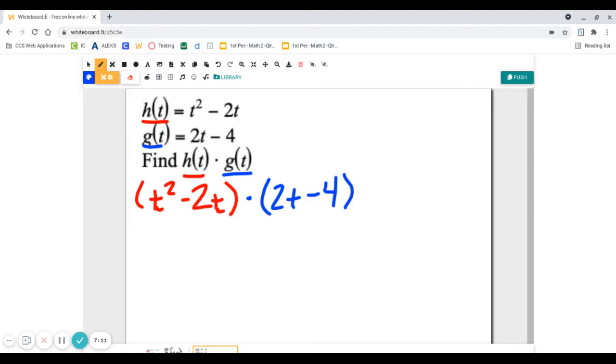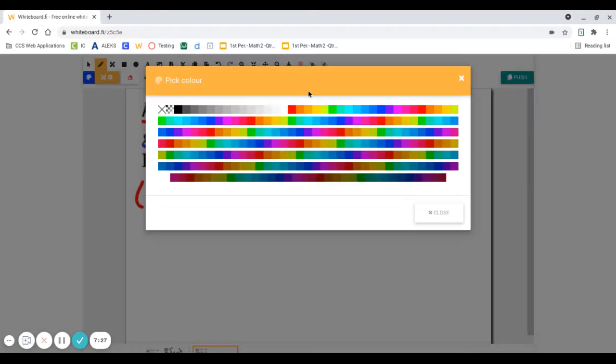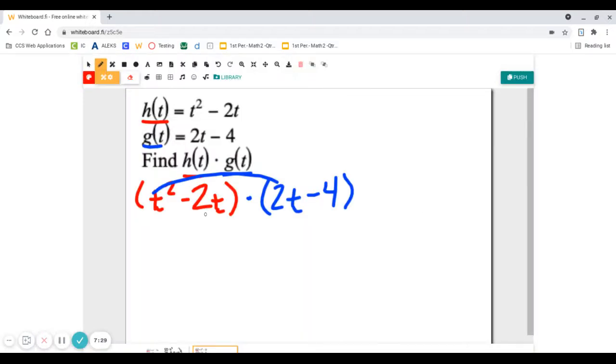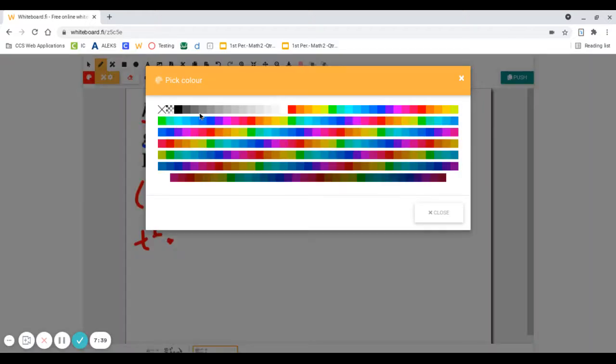So the first thing I want to do is make sure that t squared and 2t get multiplied. So I'm going to try to do my best at keeping this color coded for you guys. So we have t squared that we want to multiply by 2t.